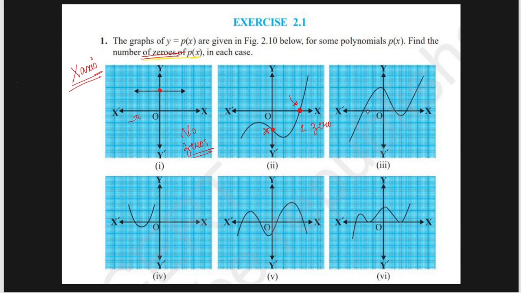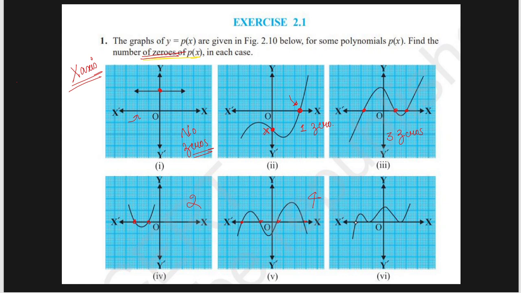Coming to the third part, check where it is cutting the x-axis: 1, 2 and 3 times. So the number of zeros is 3. Lastly, in the fourth part, this and this, 2 times, so the number of zeros is 2. Similarly 1, 2, 3 and 4, so the number of zeros is 4.